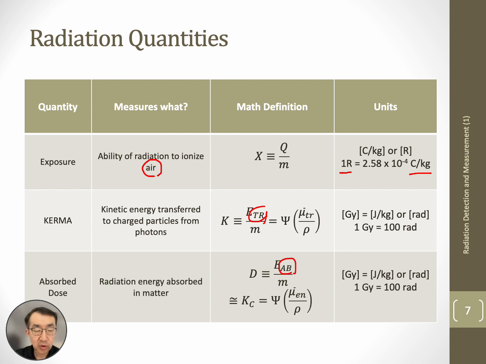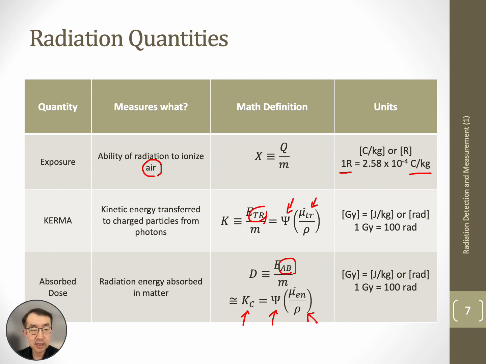I'm not going to go over it, but last week we derived that kerma can be rewritten as energy fluence times mass energy transfer coefficient. And absorbed dose can be very similar to the collisional kerma in certain situations, which is energy fluence times mass energy absorption coefficient.